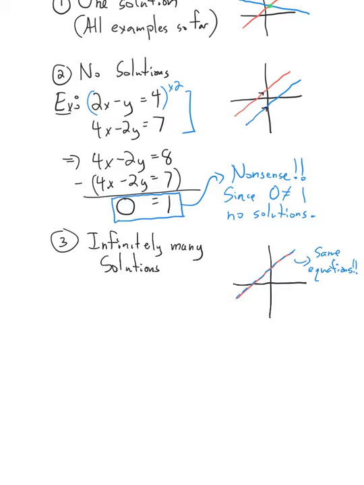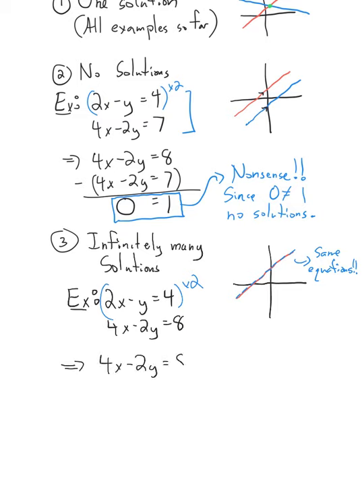So let's do 2x minus y equals 4, and 4x minus 2y equals 8. Again, we'll do the same thing. Multiply the top equation by 2. So here we get 4x minus 2y equals 8, and 4x minus 2y equals 8.